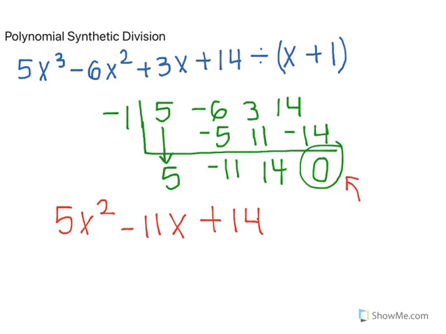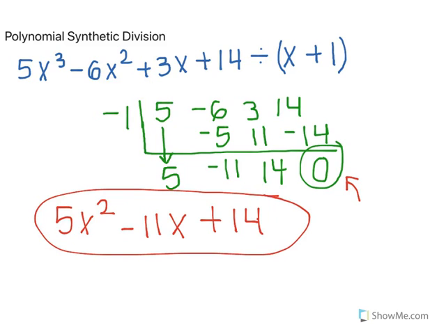Once again, this time we don't have a remainder, so this is our answer. So from this, we know that 5x cubed minus 6x squared plus 3x plus 14 divided by x plus 1 equals 5x squared minus 11x plus 14.